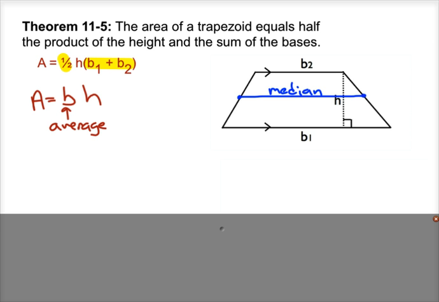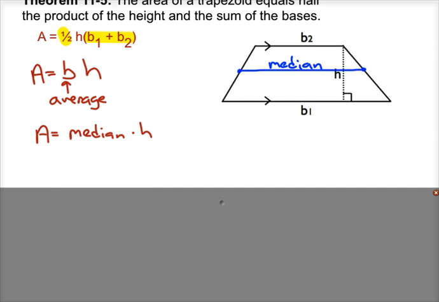So I need the average of the bases times the height, or if you didn't want to think of the base, you could call it the median. So it's the median times the height. That way it's a little bit easier for me to remember than trying to memorize the formula. Average of the bases times the height.